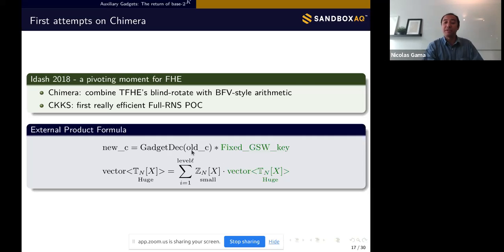In the external product, we have a gadget decomposition that is constituted of a small integer polynomial times some fixed GSW key, which, in the case of the torus, was constituted of huge-precision elements in the torus. So basically, that's the shape of the expression that we have to evaluate: a sum of small integer polynomials times huge precomputed arbitrary-precision torus elements.